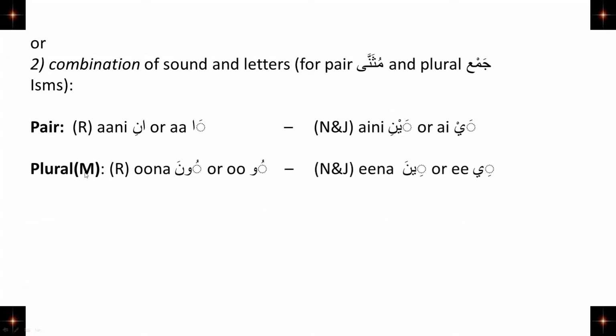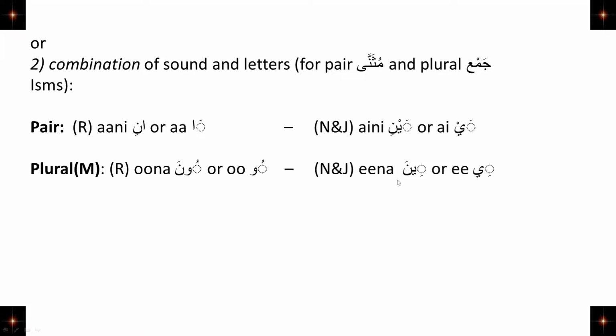If it is plural masculine, the ending will either be u or una. So u or una is always for rafa, but for plural masculine isms. If it is nasb or jar, it will be e or ina. So ina is for plural masculine. Una, plural masculine, but this one is for rafa, and this is for nasb or jar.